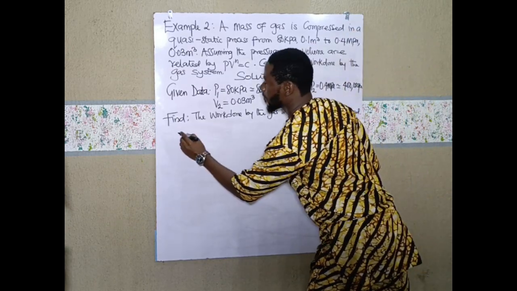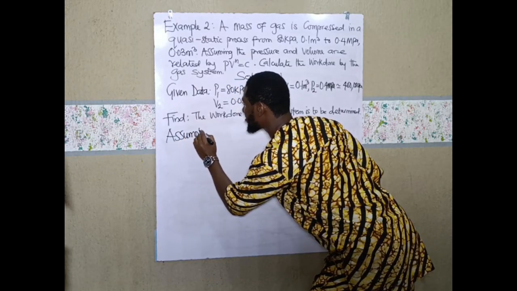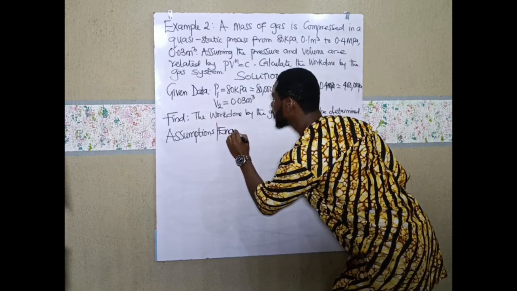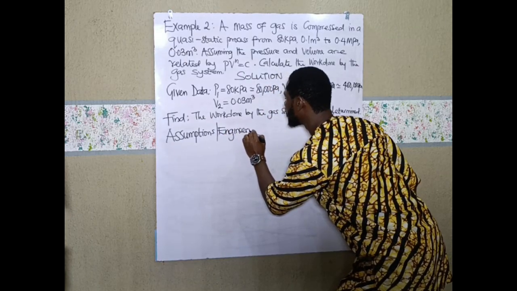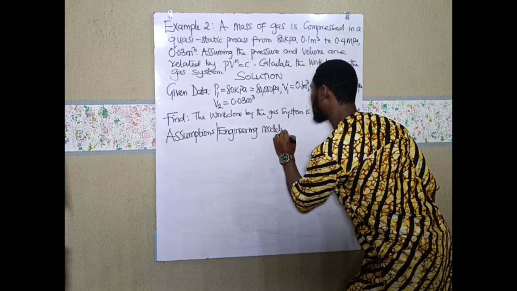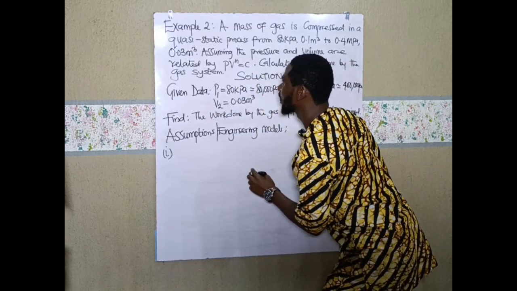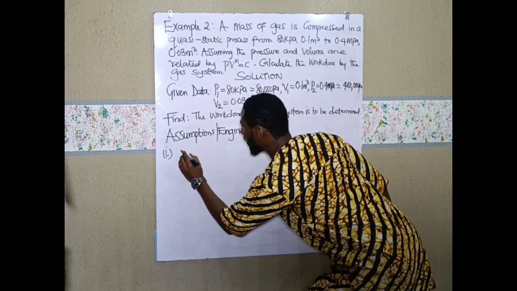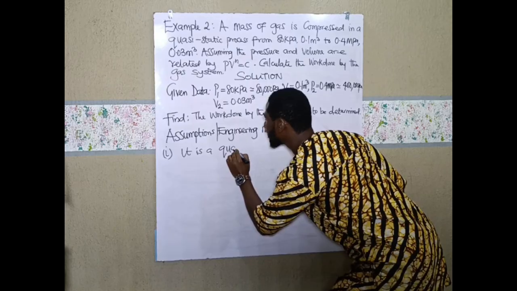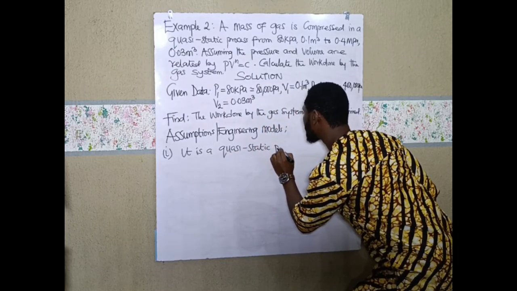The next step, assumptions or engineering model. The first engineering model is it is a quasi-static process.